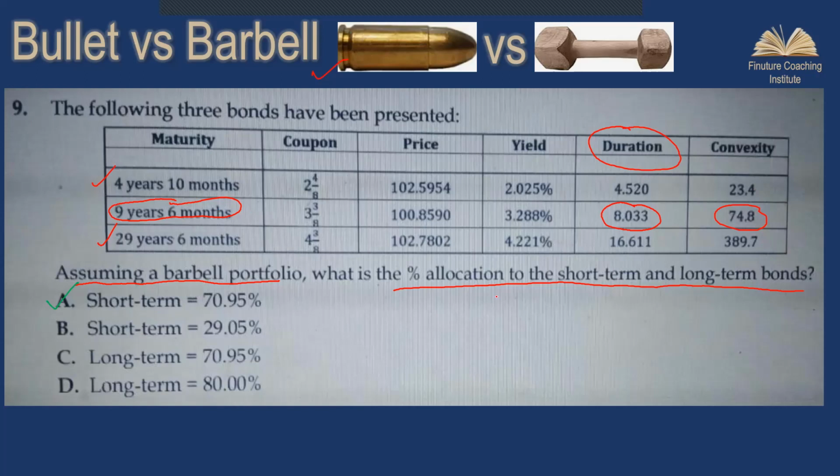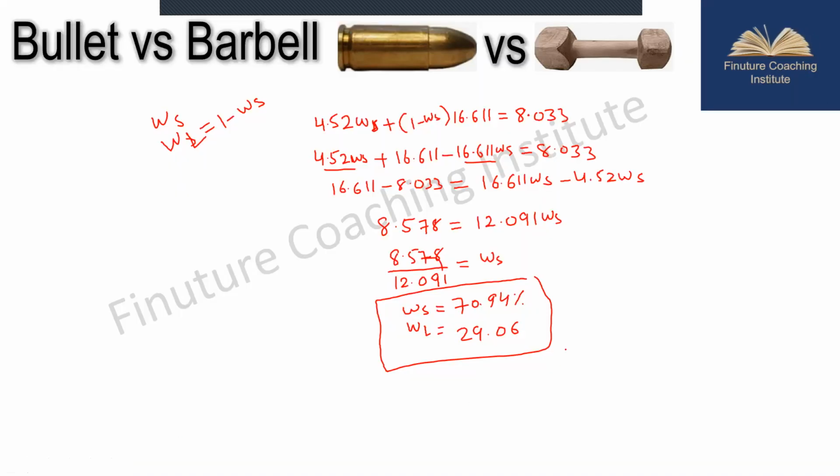When I say convexity, let me tell you what exactly I mean. If you are a bond investor, let me plot a bond payoff. Some bond payoff is somewhat like this. This is your interest rate and this is your price. When we say convexity is high, the curvature of this payoff will be higher.